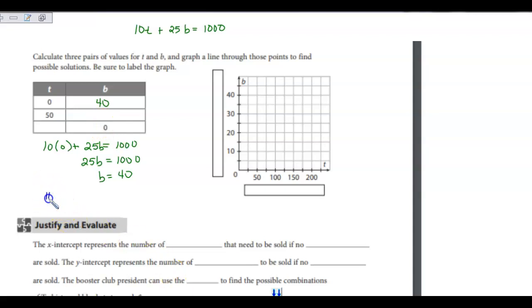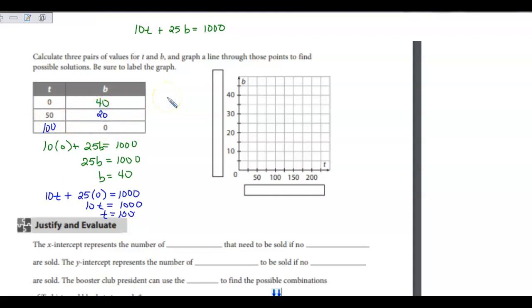I can also find out how many t-shirts for 0 blanket wraps. So if I take 10t plus 25 times 0 equals 1,000, this is going to be 0, so I'm going to have 10t equals 1,000, and we know that t is going to be 100. And if none of them is 40, and 100 of them is 0, 50 of them is going to be what? Should be 20.